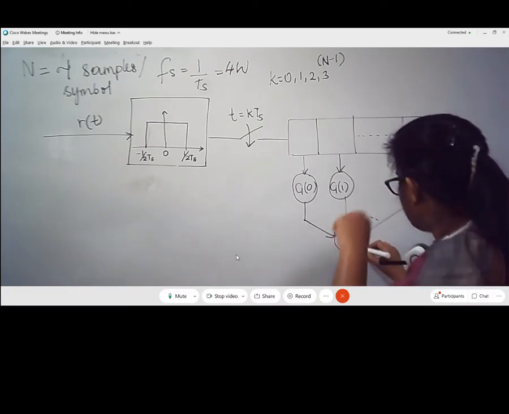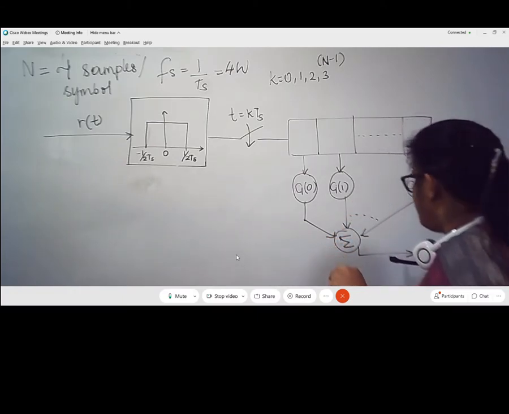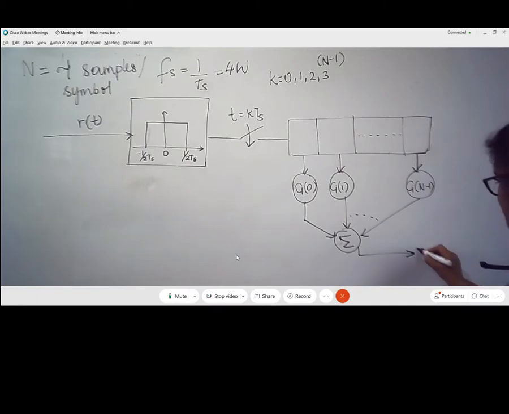Now out of this you are going to obtain your predetection point called z, where z of k is equal to the summation, n running from 0 to n minus 1, of r of k minus n into Ci of n.